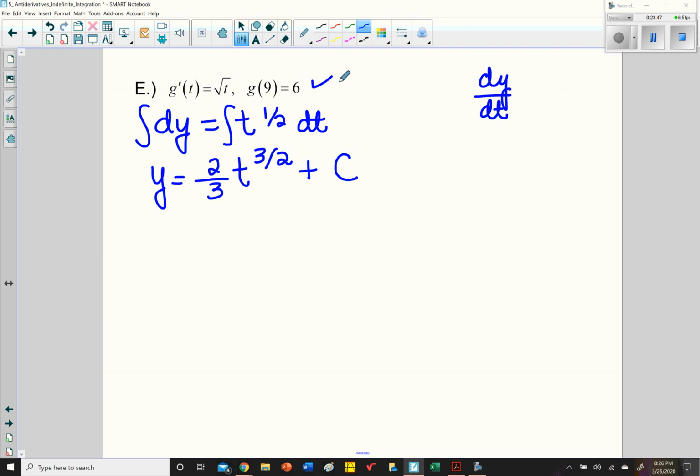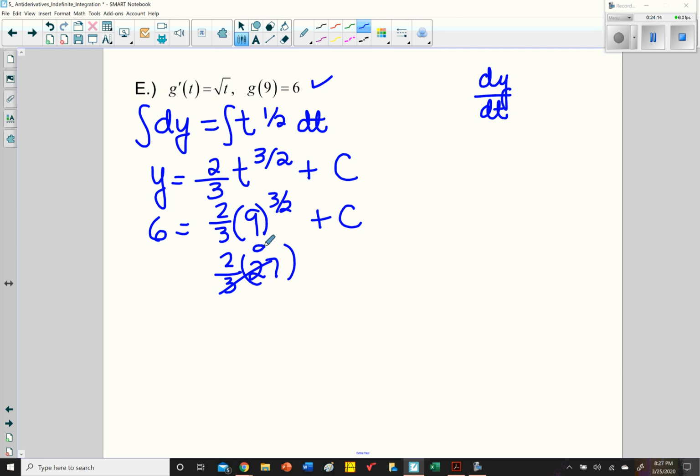And our particular solution comes when y is 6, t is 9. So to find the c value, I like to think about the square root of 9 is 3. 3 cubed is 27. So we have 2/3 of 27. And 3 divides 27 9 times. So this right side is 18.